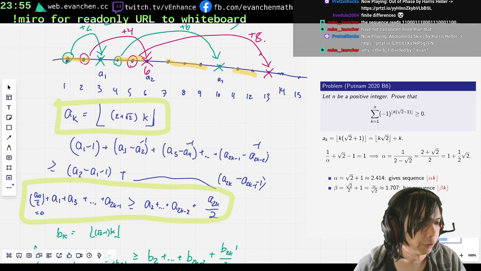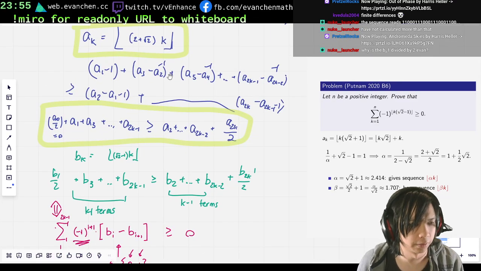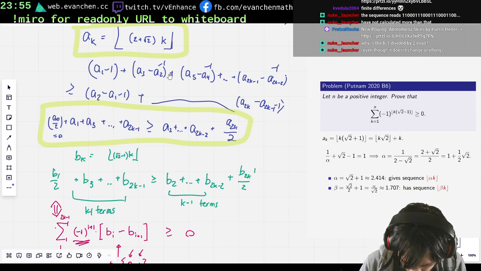Why is B1 0? Well, I wanted to normalize them so that some of the coefficients on both sides are the same. So when I did the adjustment, I forced it such that B sub 1 was equal to 0.